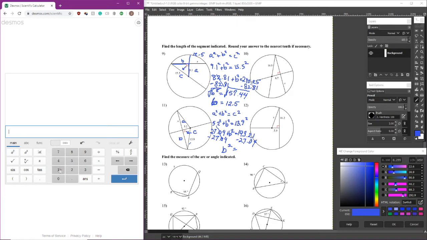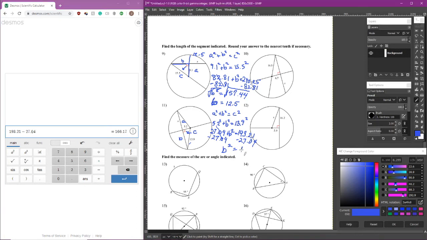So 193.21 take away 27.04, and that is 166.17. Notice I'm not rounding yet. The numbers aren't too crazy. I can deal with two places after the decimal. So I'm just keeping it this way.